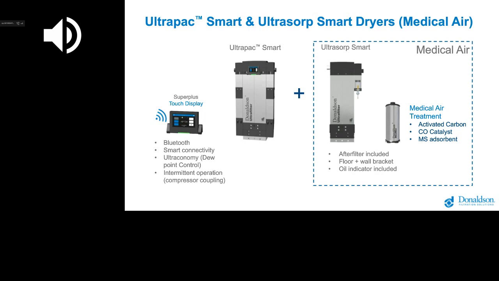What I would like to mention also on the control system for the UltraPAK Smart is that we have here 4 independent analog inputs, which allow you to place different sensors in your purification systems, like sensors for CO or even CO2, and you can then indicate these figures on the touch display of the dryer.